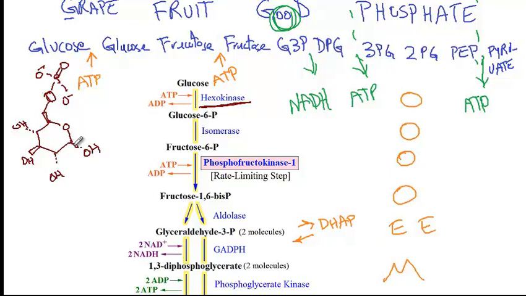So here, let's count the carbons. We have carbon 1, 2, 3, 4, 5, and 6, and the phosphate group is located on carbon 6, so that's why we call it glucose 6-phosphate. And recall, I just mentioned that their structure is a circle, so we are still in the ring structure for the second molecules. The next two are also going to be ring, and so that's how the memory aid helps you remember the structure of all these molecules.